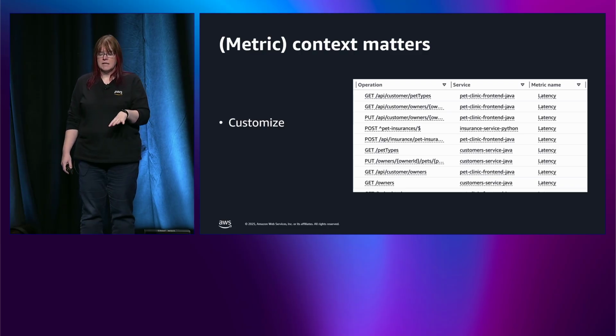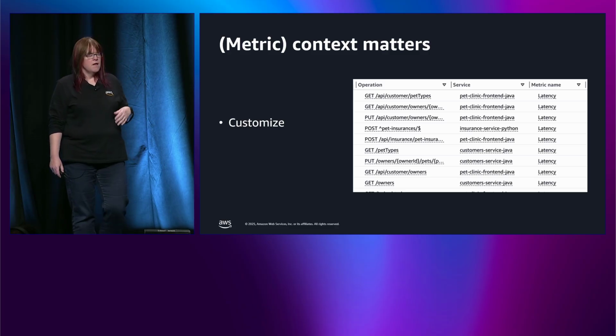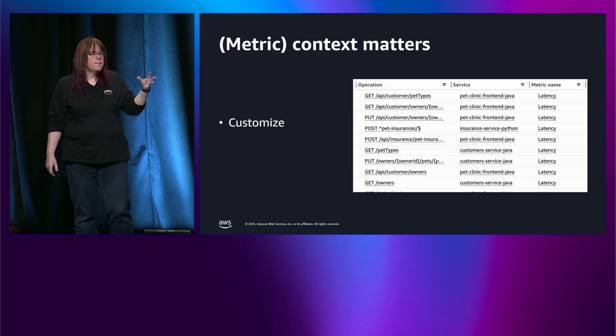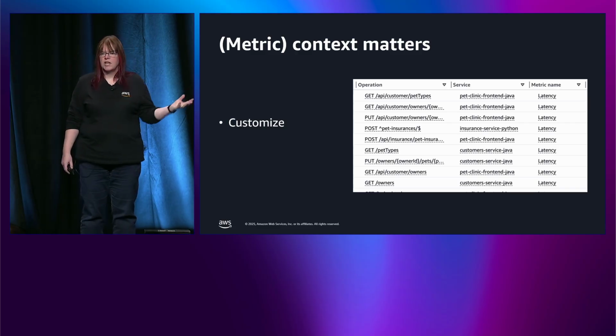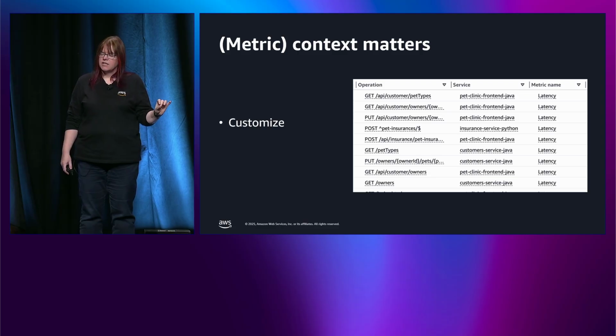In Prometheus, it's called labels. What's important is this is information to help you make sense of your metrics. Things like operation or service, as you see here, but it might be your application name, your project, anything that helps you get business, organization, or implementation context.